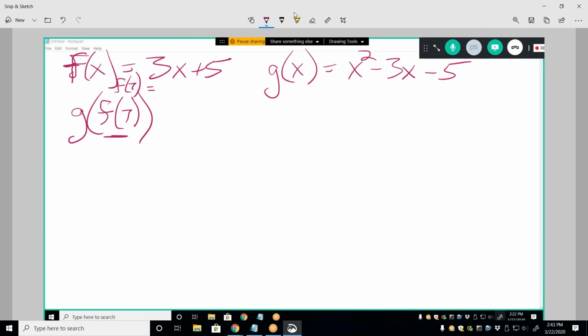So what's f of 7? It's 26, 21 plus 5. So I have it written down. They're really saying, what is g of 26?